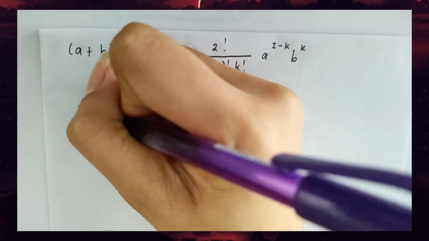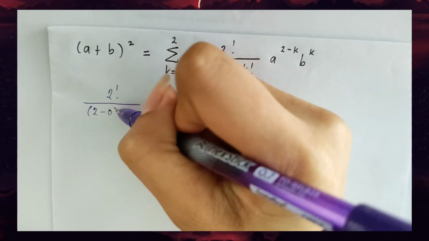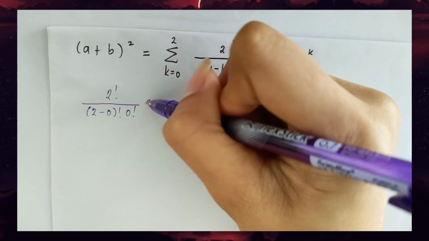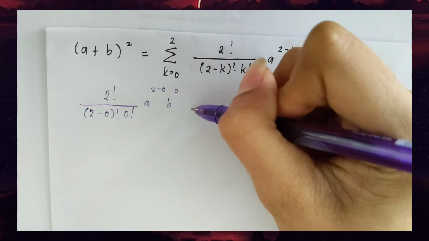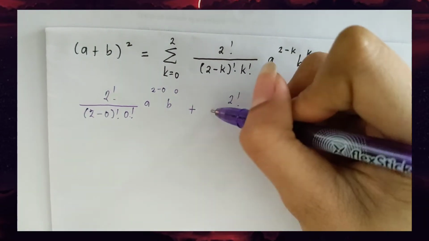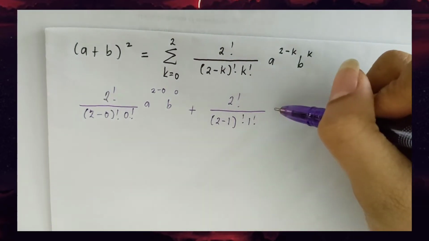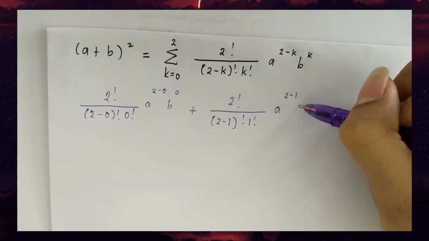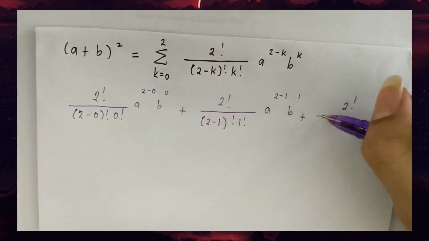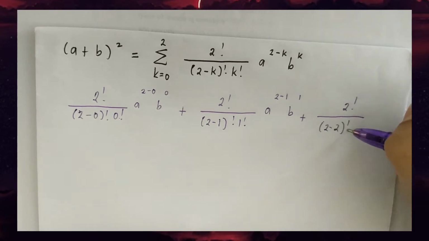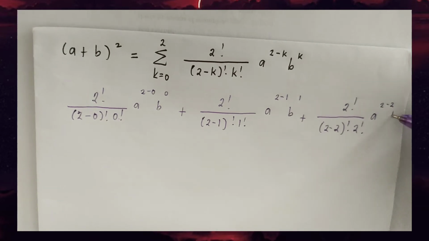2 factorial divided by (2 minus 0) factorial, 0 factorial, a raised to 2 minus 0, b raised to 0, plus 2 factorial all over (2 minus 1) factorial, 1 factorial, a raised to 2 minus 1, b raised to 1, plus 2 factorial all over (2 minus 2) factorial, 2 factorial, a raised to 2 minus 2, b raised to 2.